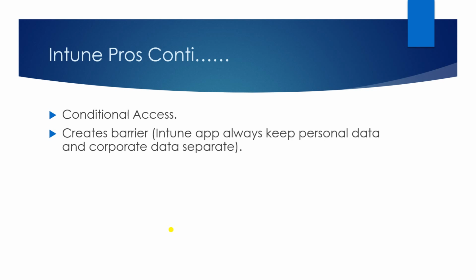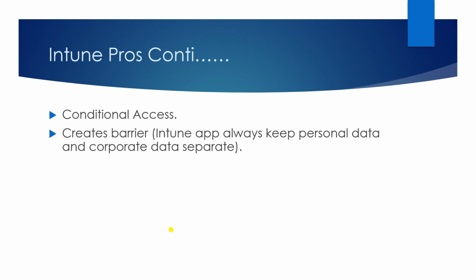What is conditional access? It again comes down to what kind of security you want to put on that device. Like in my last video, I explained the topic: you want to protect the data, so you put security so the user cannot copy the company data to their personal device.